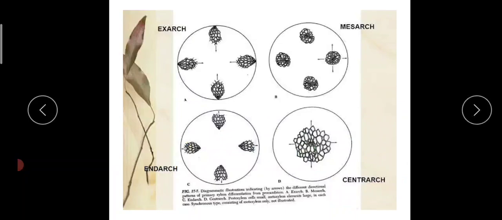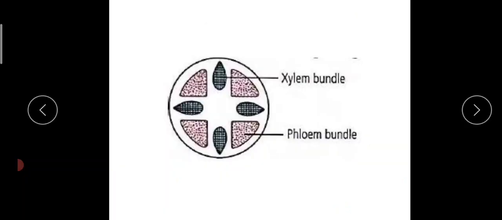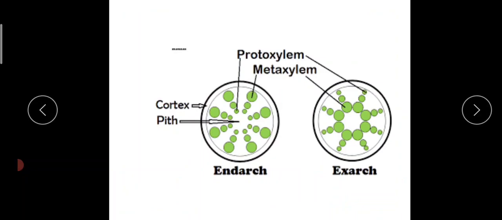And for this type of arrangements, exarch, endarch, mesarch and centrarch, we give these names depending upon the position of protoxylem. The first formed xylem is called protoxylem. So the arrangement of protoxylem and metaxylem gives the names endarch, exarch, mesarch, likewise.